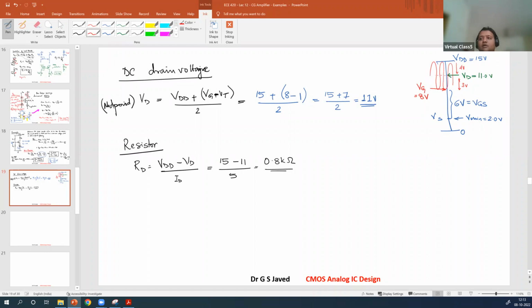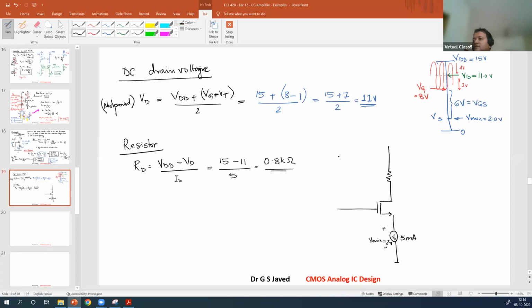Now, where have we reached? We have reached the bias current design as follows. So a circuit biasing will look like this: your 5 milliampere current having a Vmin equal to 2 volt.